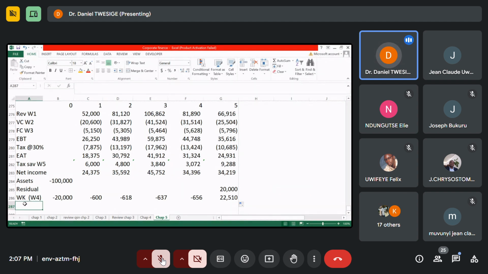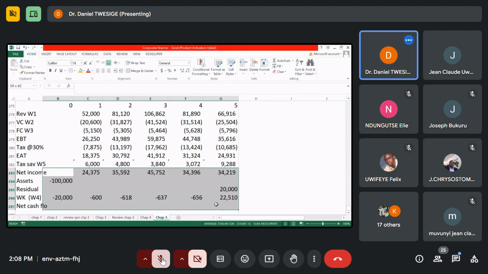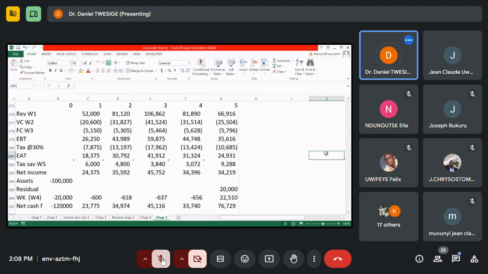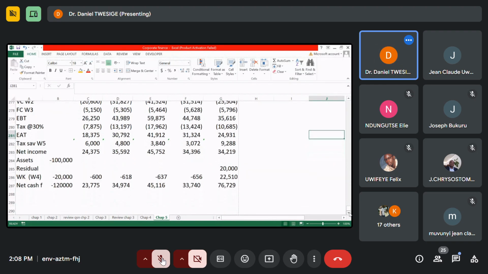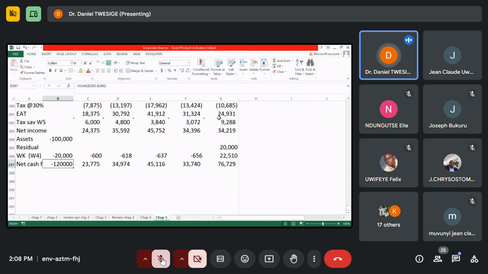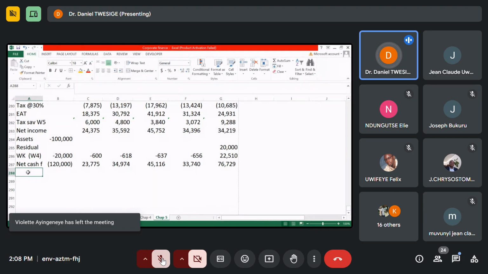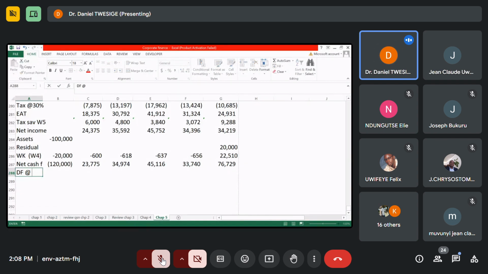So what will be the net cash flows? Net cash flow, I'm adding here the total. That's my net cash flows. Then my discounting factor at 19.3%, what do I have?